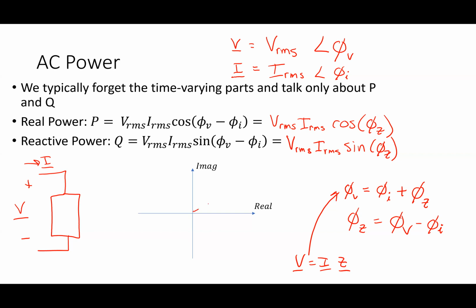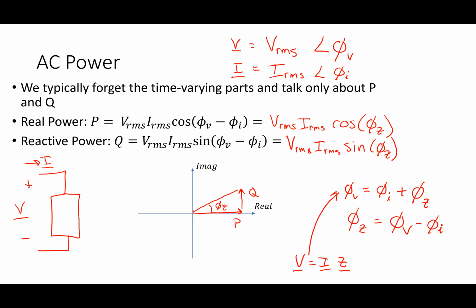So that forms what sometimes people call the power triangle, right? The real part here is P. The imaginary part here is Q. And this angle is phi sub Z. So the angle of that vector is the same as the impedance angle.